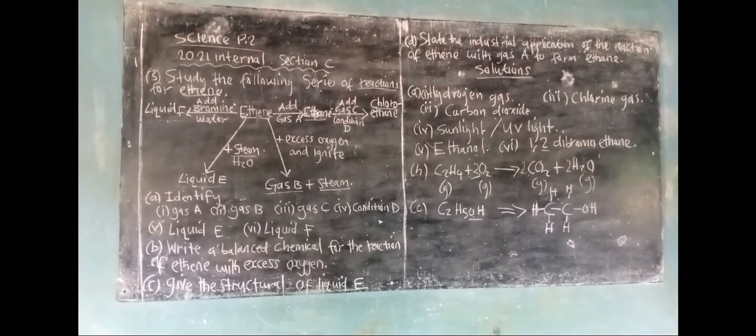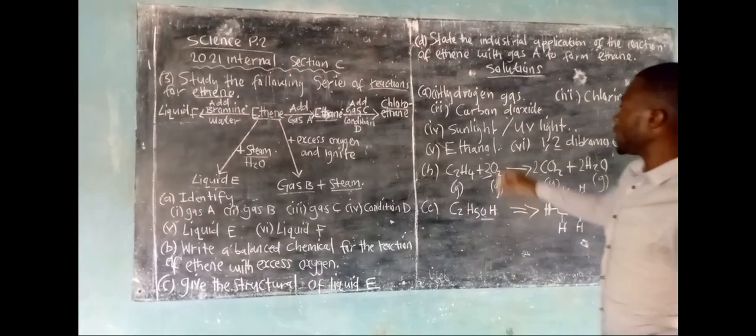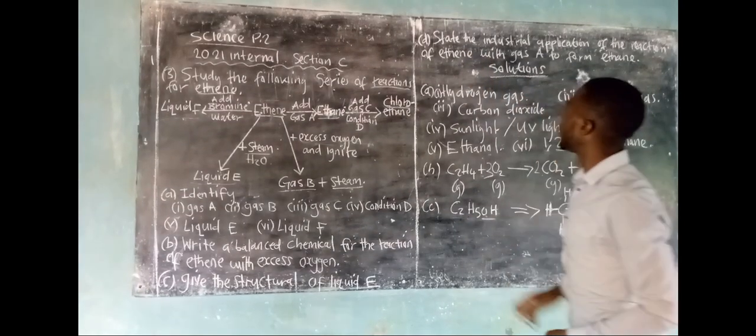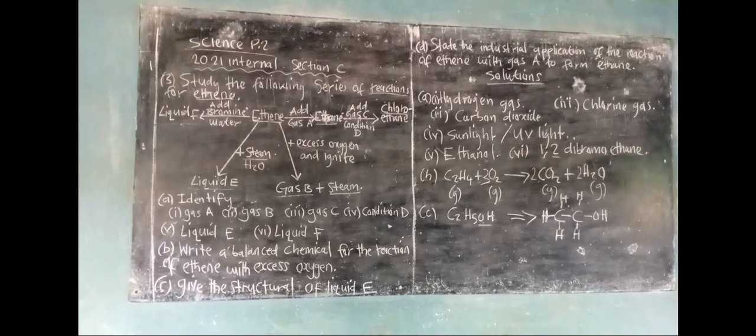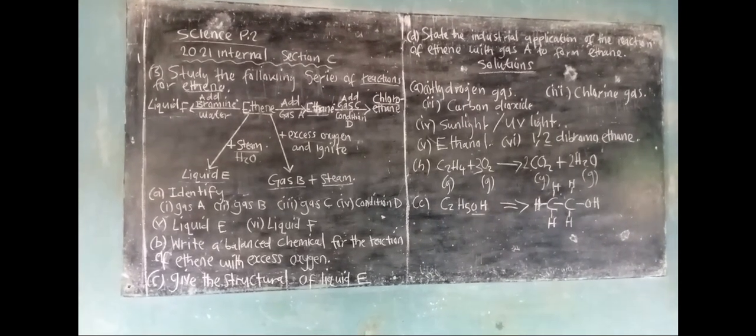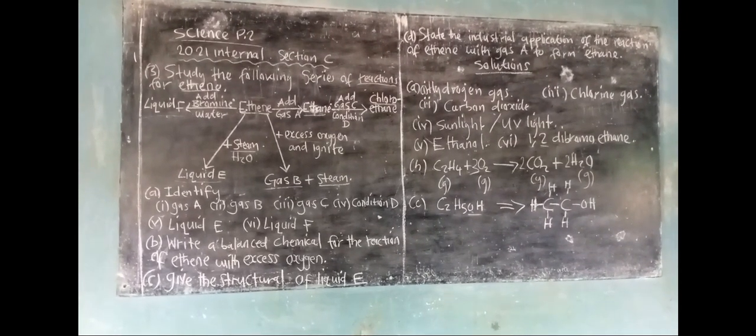Okay, the last question here on top, which is D, states the industrial application of the reaction of ethene with gas A to form ethane.